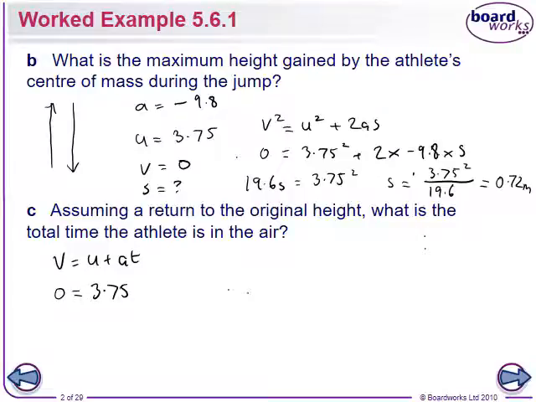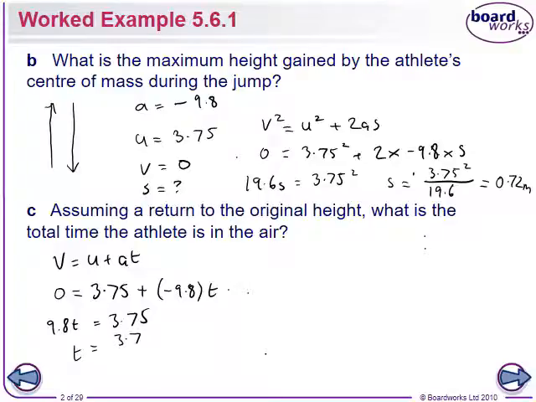3.75. What's a? 9.8. So negative 9.8, because again it's in the opposite direction, times t. Now, rearrange our equation and we get 9.8t equals 3.75. This is nice and easy maths.